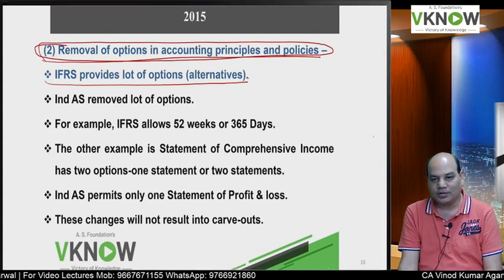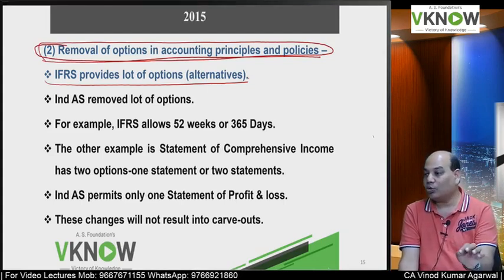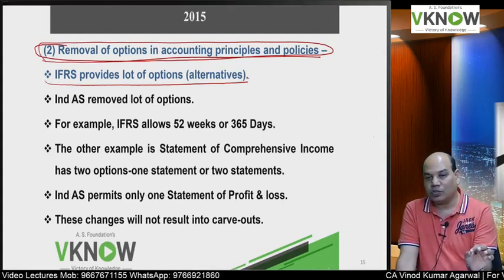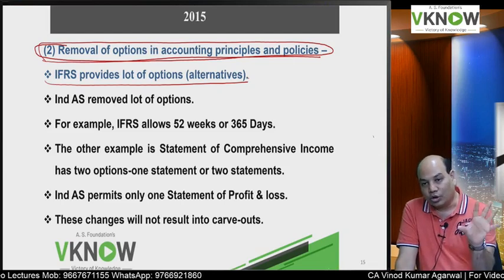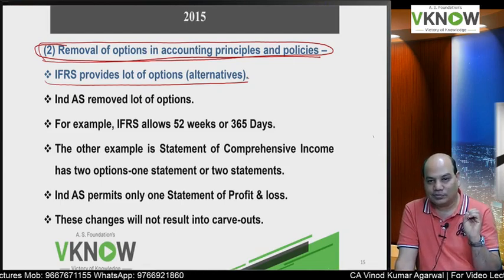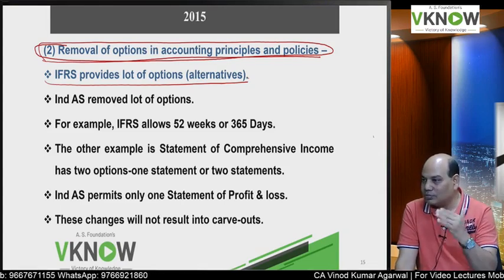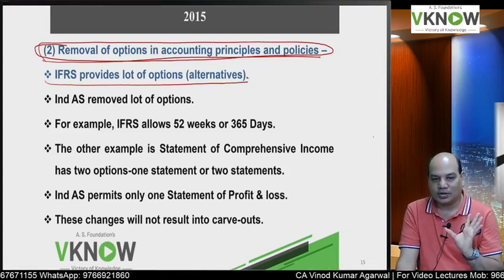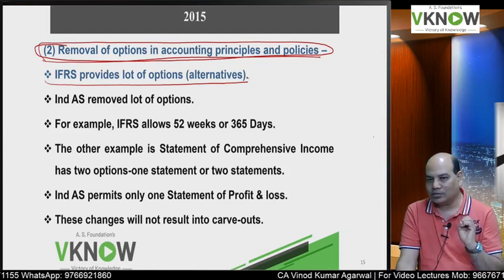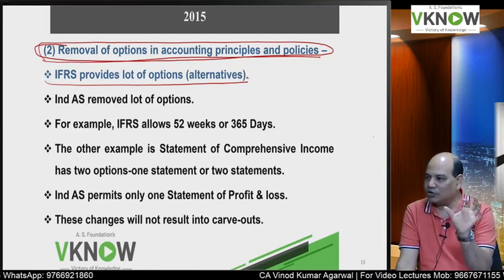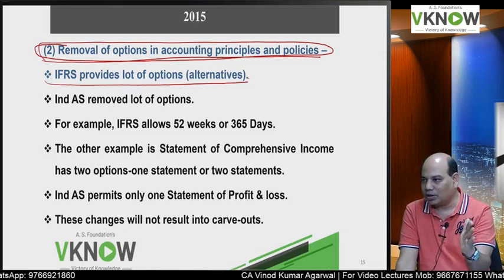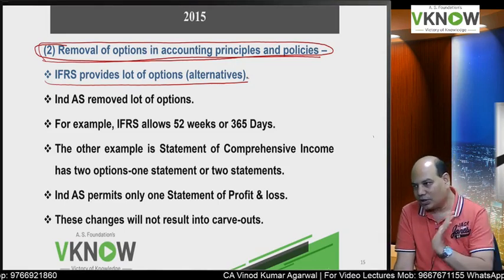For example, you can prepare a financial statement based on either 1 year or 52 weeks. And now all of you know 52 weeks is not equal to one full 365 days. In India we don't have that. We have to follow the financial year starting from 1st April to 31st March of the next year.